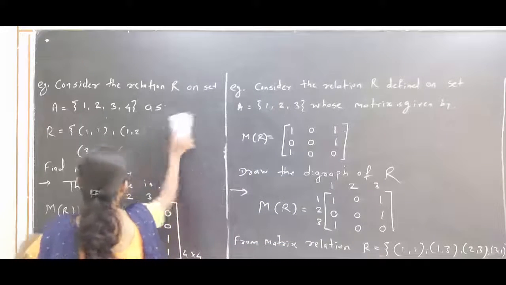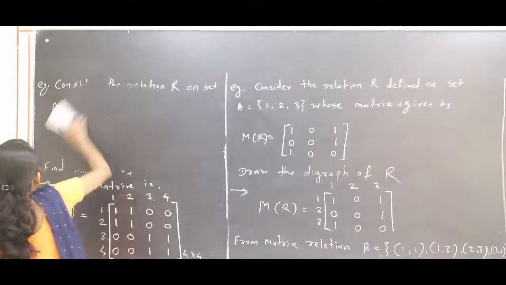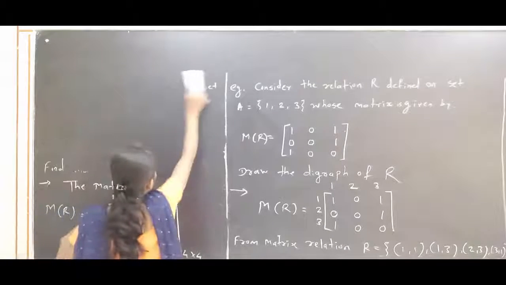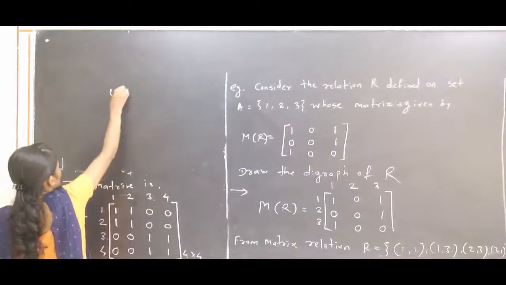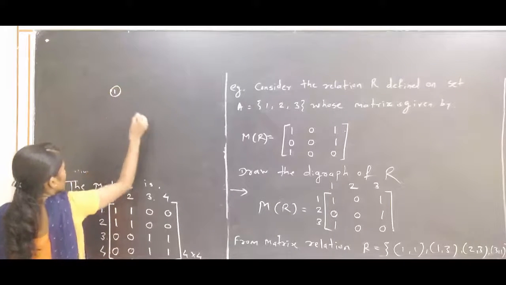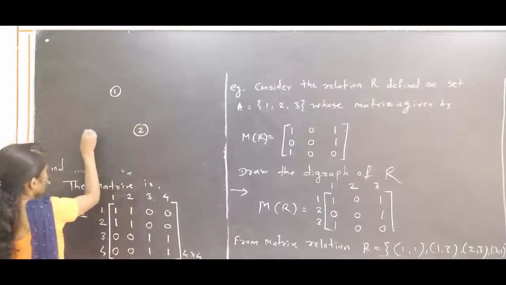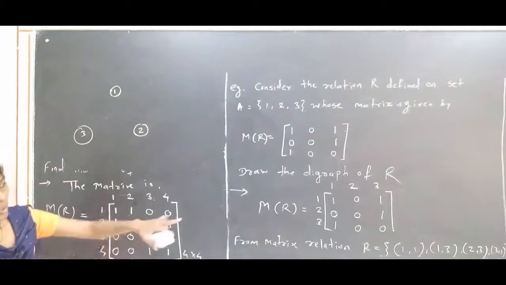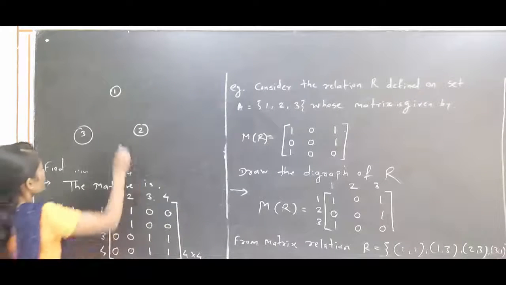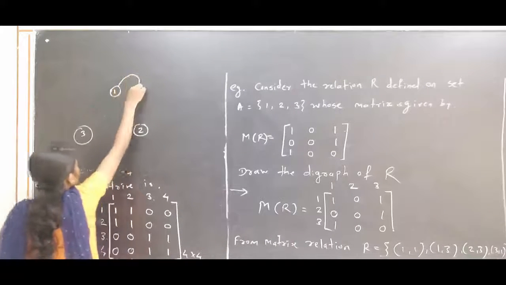Now from the relation we draw the diagram. Set A contains 3 elements, so first of all represent these elements by small circles: 1, 2, 3. Now (1,1) belongs to R, so there is a loop at 1.